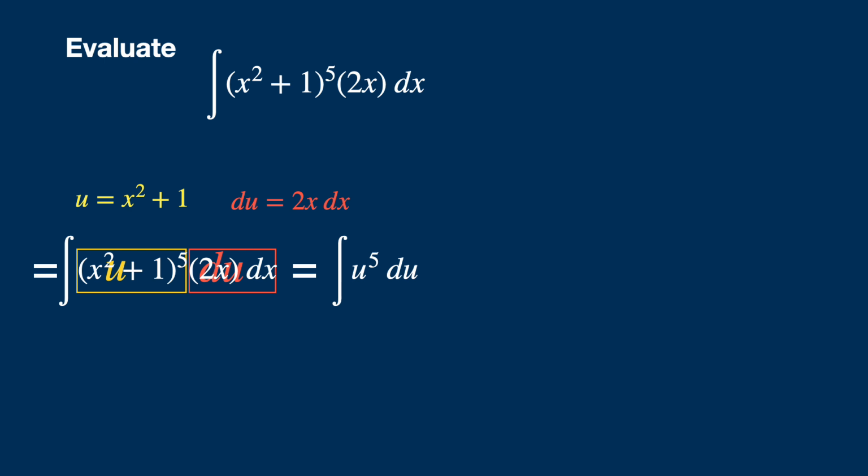Now you're going to find this indefinite integral by using the power rule. The power rule says the power is 5, and I'm going to find the antiderivative. Here is the power rule: the power is 5, you add 1, and 5 plus 1 is the denominator. The power is going to be 5 plus 1, which is 6. So you have u to the 6th power over 6 plus c.